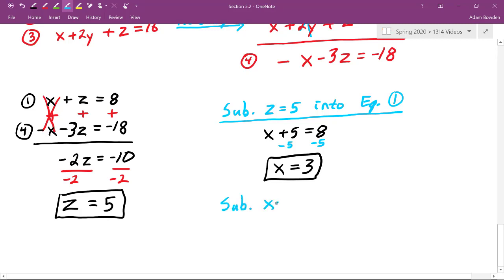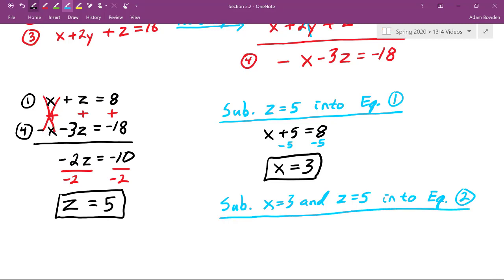So we're going to substitute x equals 3 and z equals 5. And we can substitute this into equation 2 or equation 3 in order to solve. Looks like I used equation 2. Looked like a fairly quick way of getting there.